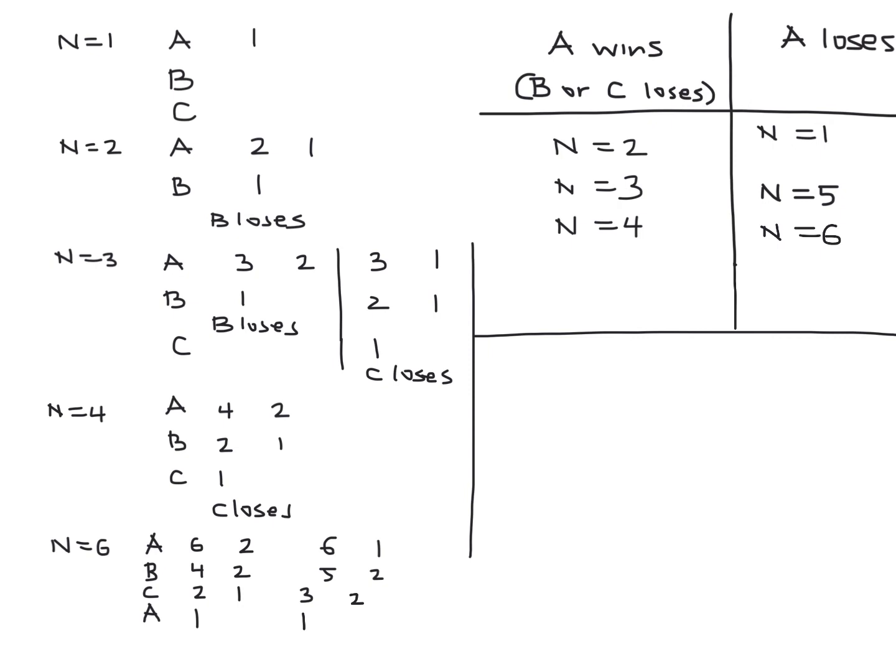All right, let's keep going here. How about N equals 7? A, B, C. If N equals 7, start off with 7. And if he removes 1, we get 6. And if we get 6, then whoever starts off with 6, regardless of what happens, will lose.